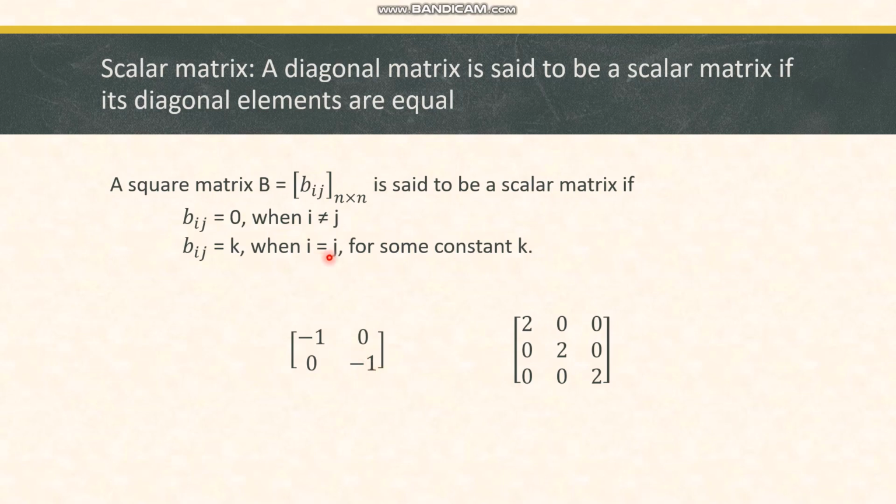So whenever i is equal to j, at that place the element is k. This is a fixed k in the case of a scalar matrix. And whenever i is not equal to j, that means we are talking about the non-diagonal elements, in that case the element is 0. So this is another definition of a scalar matrix: the diagonal elements are equal, and the non-diagonal elements must be 0.